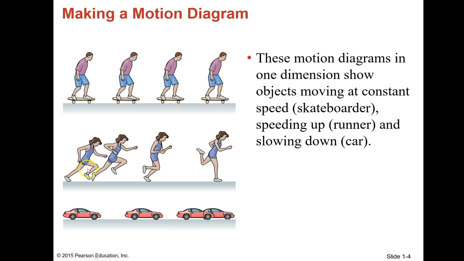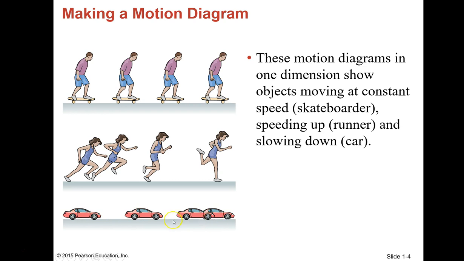The middle one, the runner girl, as you can see, from the first to the second, second to the third, third to the fourth, she's getting farther apart for each picture. That means she's speeding up, covering more distance in the same amount of time. For the car, the reverse is true.